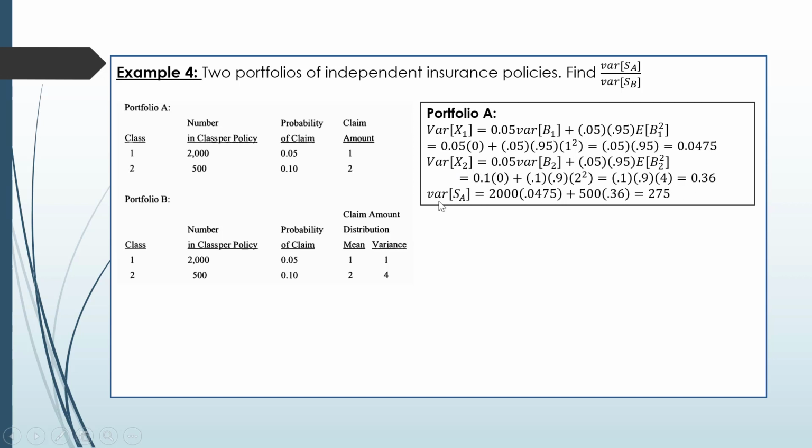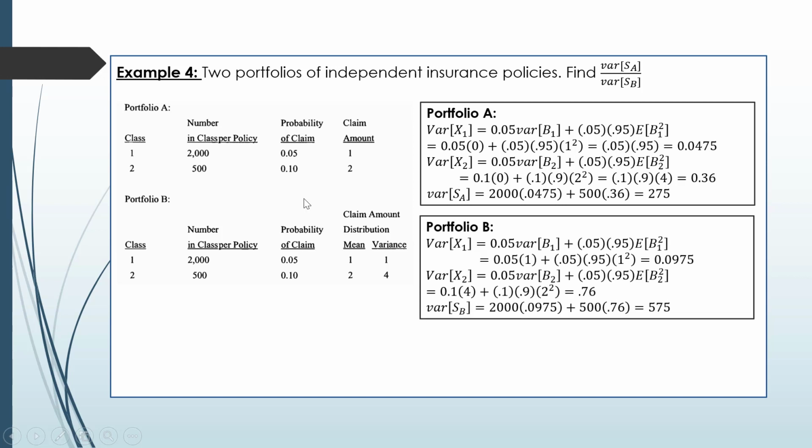So the variance of the aggregate claim SA is 2,000 times 0.0475 plus 500 times 0.36, because there are 2,000 class 1 policies and 500 class 2 policies in portfolio A. Similarly for portfolio B, the variance of a policy in the first class is 0.0975 and the variance of a policy in the second class is 0.76.